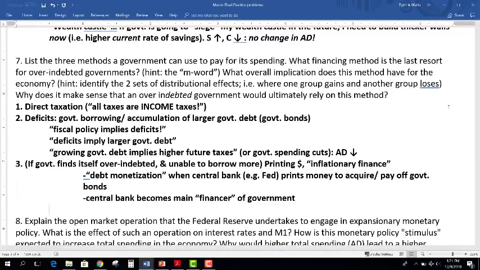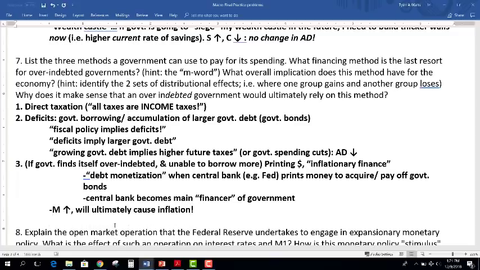Okay, so this is called inflationary finance because all this creation of new money to finance a government debt will create inflation. We want to think about that in this way. If M goes up too much, that will ultimately cause higher inflation.